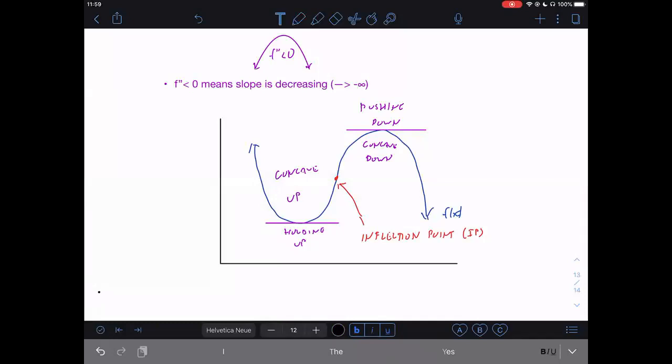The inflection point is a point in which a function f of x changes concavity. Right, so the point where the concavity of f of x changes. Either it goes from concave up to concave down, or concave down to concave up.